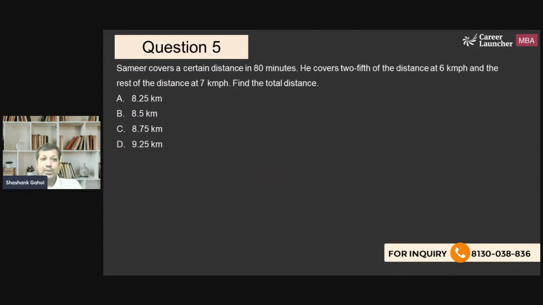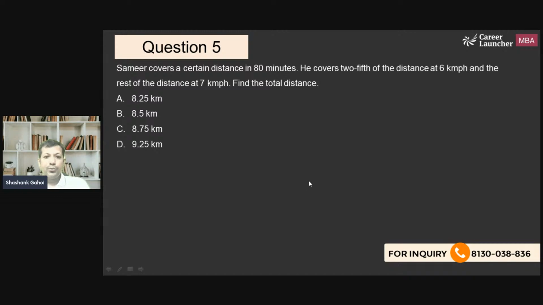What does it say? ठीक है. So it says that Sameer is covering a certain distance in 80 minutes. ठीक है. He covers 2/5 of the distance at 6 km per hour and the remaining at 7 km per hour. Question पूछ रहा है कि distance क्या है. ठीक है. So what is the approach? क्या करेंगे इसमें?